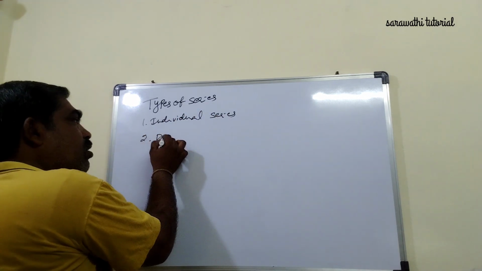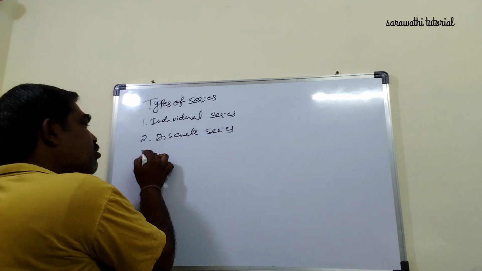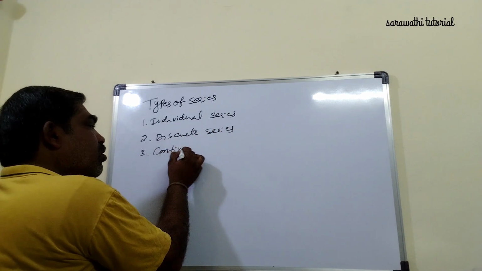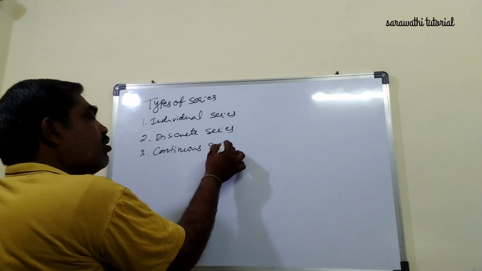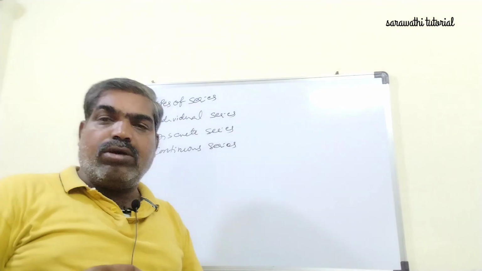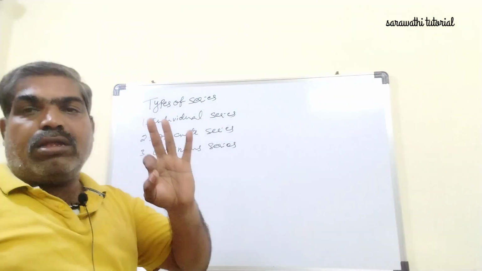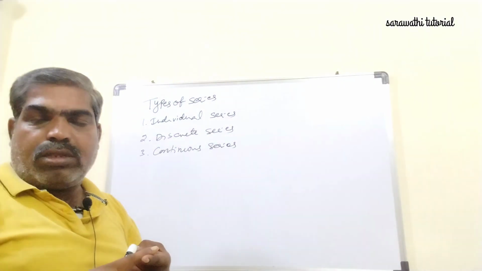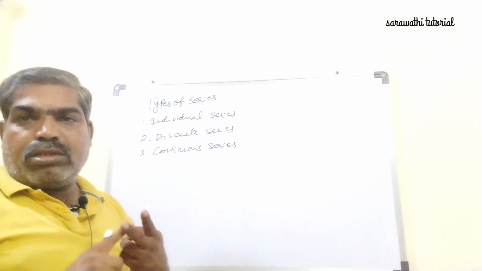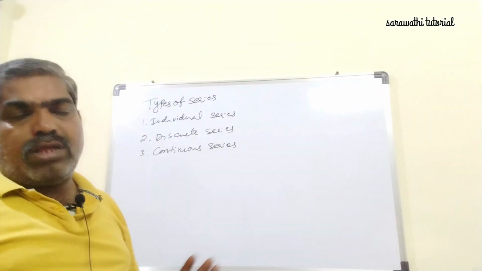Second one, discrete series. Third one, continuous series. Whatever the data we collected, after collecting the data, we can arrange it in the three ways: individual, discrete, and continuous series.